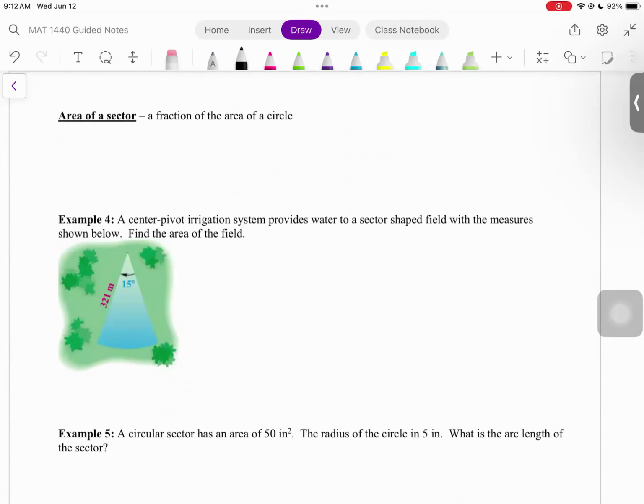Area of a sector, we're going to look at this in the same way we looked at arc length. Area of a sector is just a fraction of the area of a circle. Area of a circle, the formula is pi r squared. So the area of a sector is equal to the fraction, so theta over 360 times pi r squared. This is if theta is in degrees.